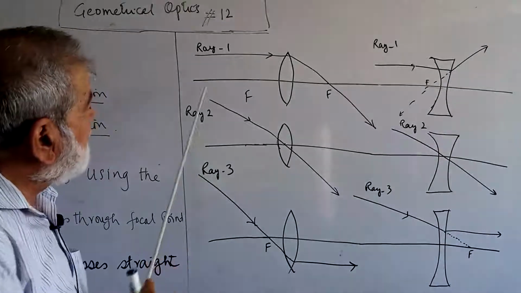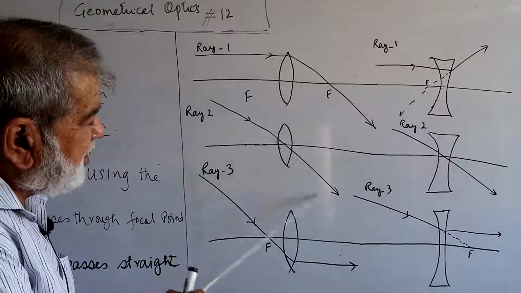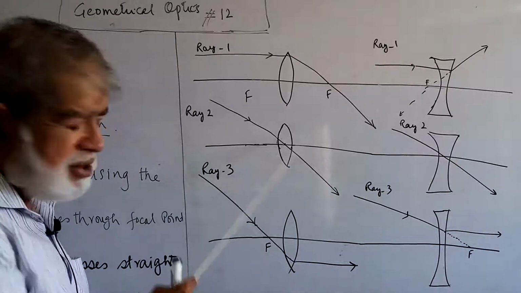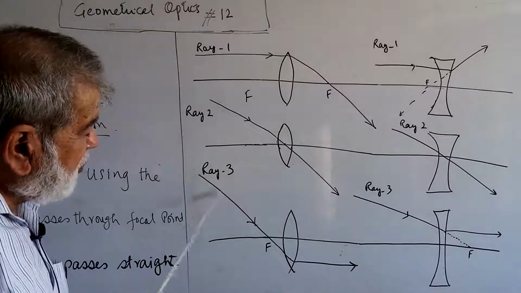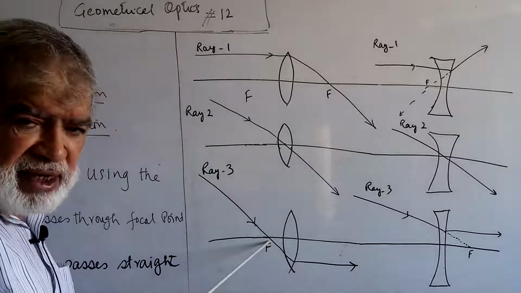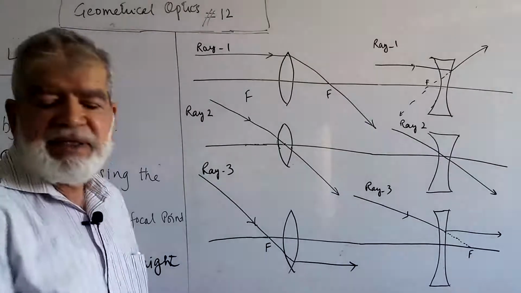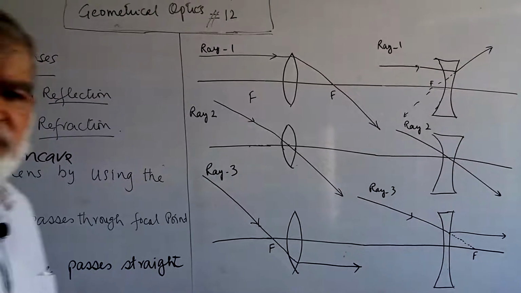Ray number 2, a ray which passes through the optical center, goes straight undeviated. And a ray which passes through the principal focus becomes parallel to the principal axis after refraction. You have to remember this thing.